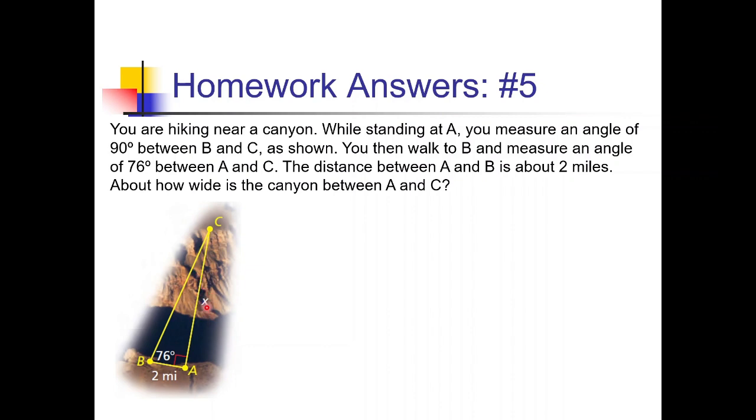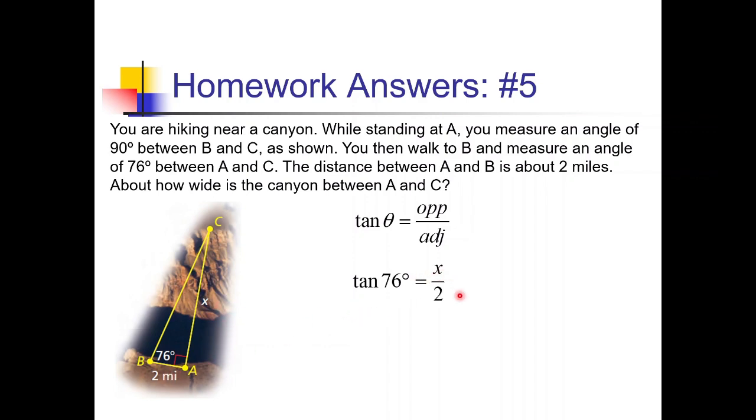This is x. So based off of the angle that they gave me here, x is the opposite side, 2 is the adjacent side. Opposite adjacent is going to be a tangent situation, TOA. So tan equals opposite over adjacent. So specifically, I can write tan of 76 degrees equals opposite side x over adjacent side 2.